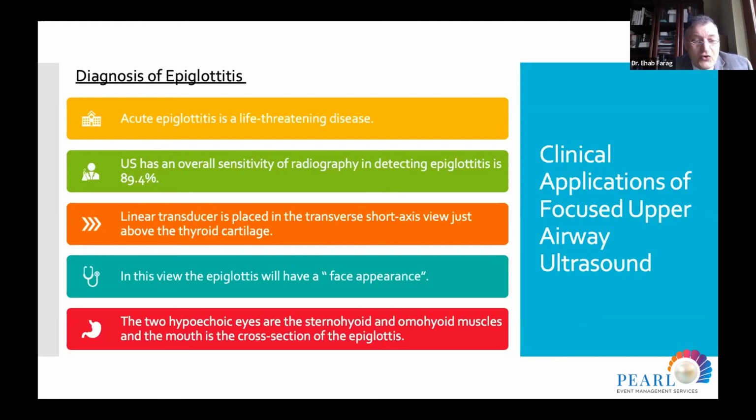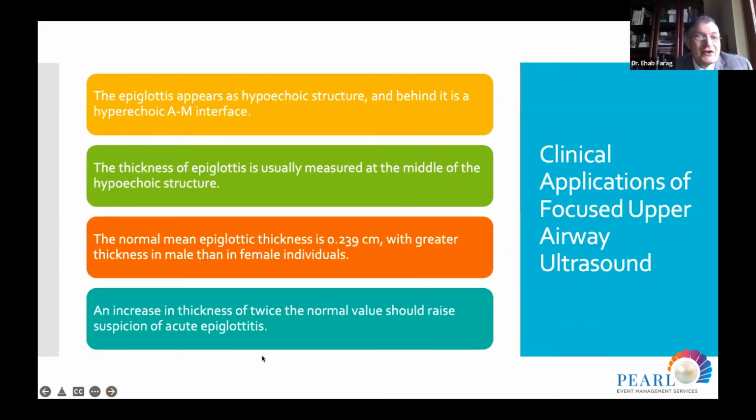And we have the two hypoechoic eyes, which are the sternohyoid and omohyoid muscles, and the mouth is the cross-section of the epiglottis. The epiglottis appears as a hypoechoic structure, as we mentioned, and behind this, the hyperechoic air-mucosal interface. Thickness of the epiglottis is usually measured at the middle of the hypoechoic structure.